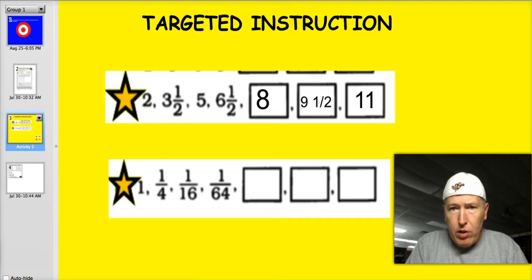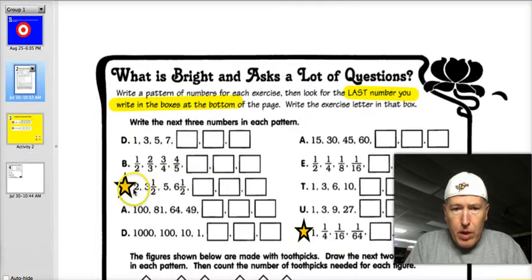Now what we're really looking for here is this last answer, that last answer box. So we're going to go back to our worksheet, and remember our answers were 8, 9.5, and 11. So the last box here is the answer we're looking for.